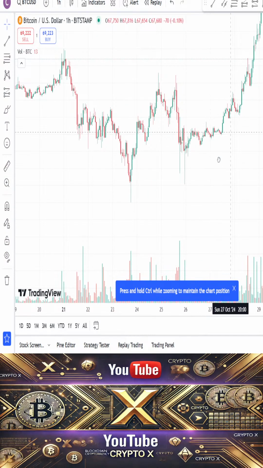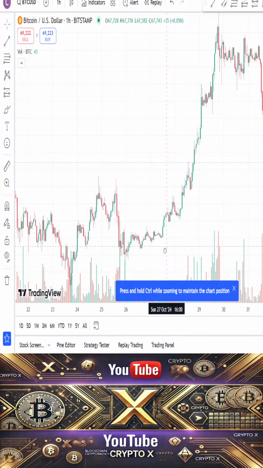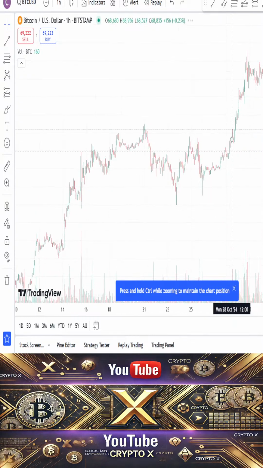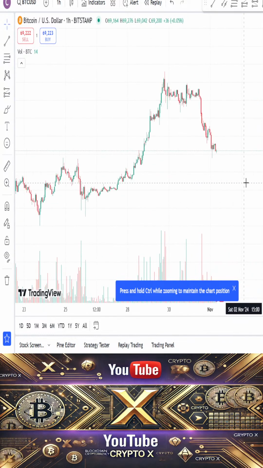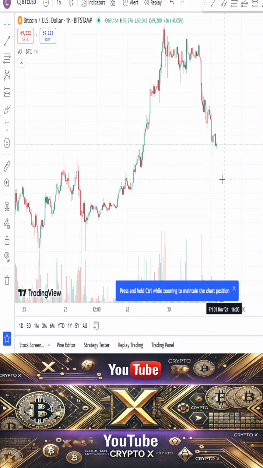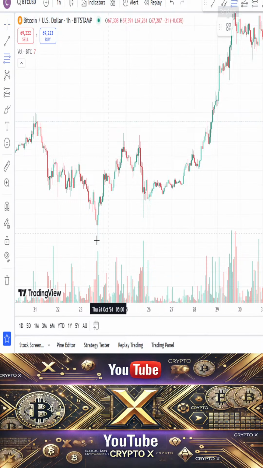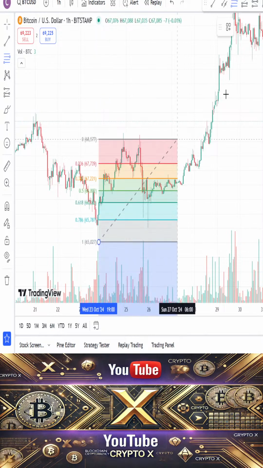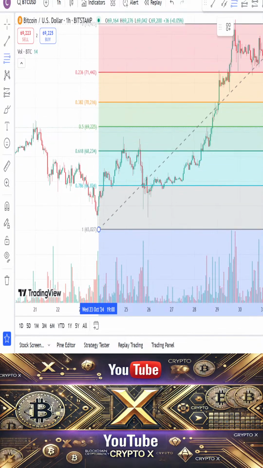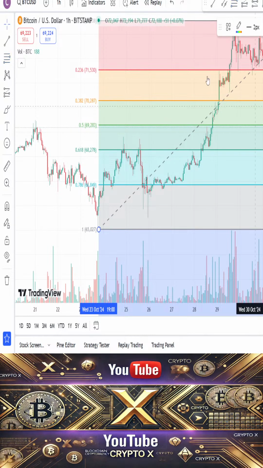Here we go on 1 hour. So here is where our trend started, around this area. Where is our Fibonacci? Here you go. From here to here.